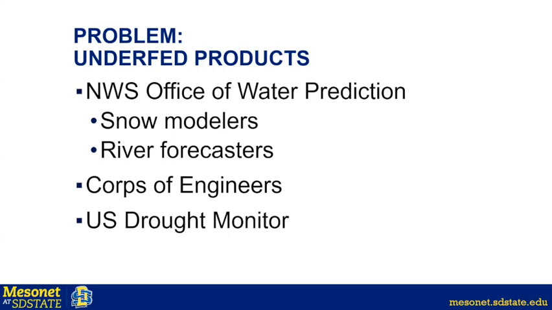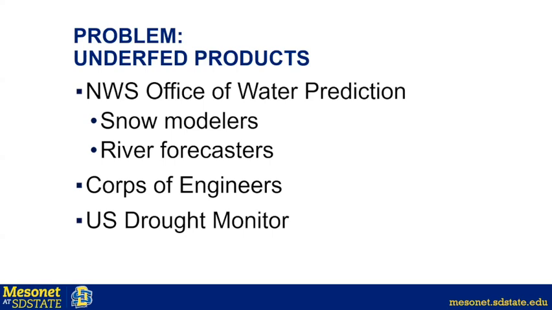So basically, the kinds of things that we need to feed: the National Weather Service has a couple models that they run. One is to model the forecast, that's the SNODAS model. The other one is the Sacramento model, which you heard mentioned earlier in the Colorado discussion. And there's a similar model that the Corps of Engineers runs that's called the HEC-HMS.